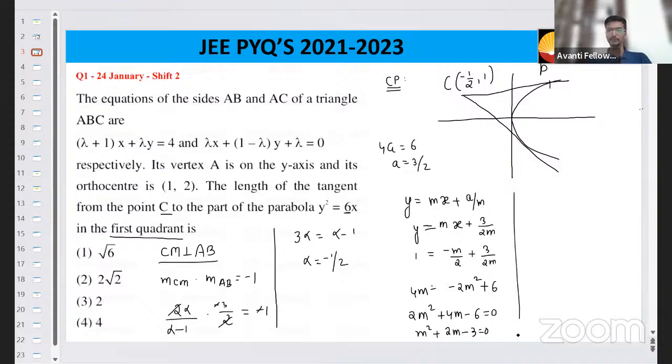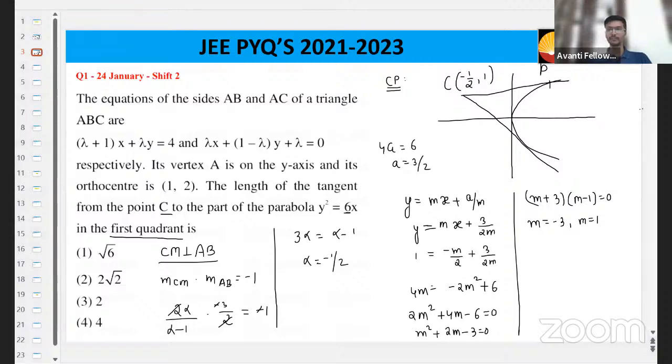Now if we try to factorize it, what will we get? 3 ones are 3. So (m plus 3)(m minus 1) equals 0. So we got two values: m equals minus 3 and m equals 1.